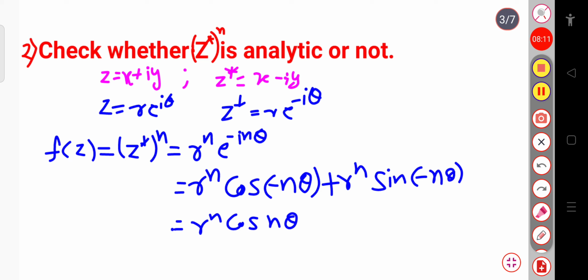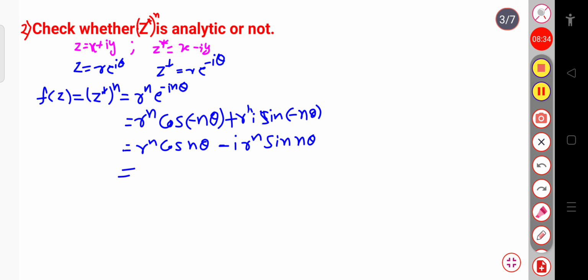So we write minus i r power n into sine n theta. Now we have separated the real part and the imaginary part. This is equal to u of r comma theta plus i v of r comma theta.